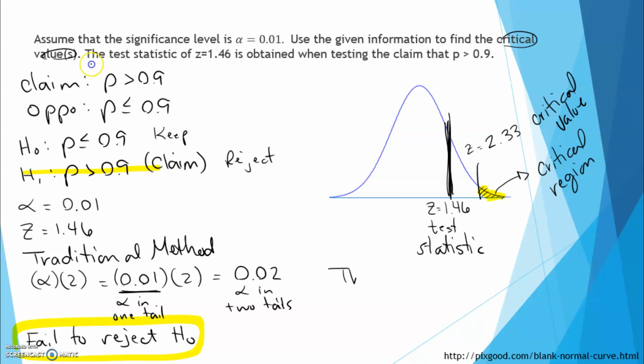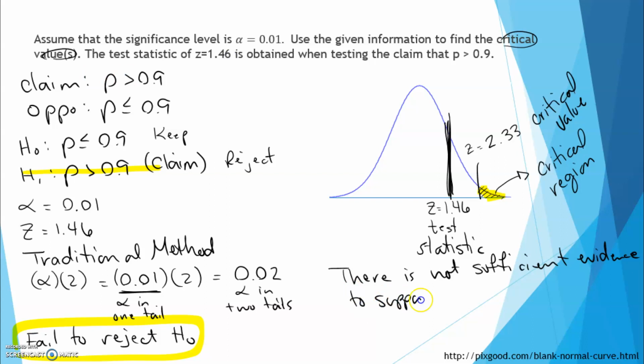So there is not sufficient evidence to support the claim that P is greater than 0.9. Okay, so that's using the traditional method if we're looking at a right-tailed test.